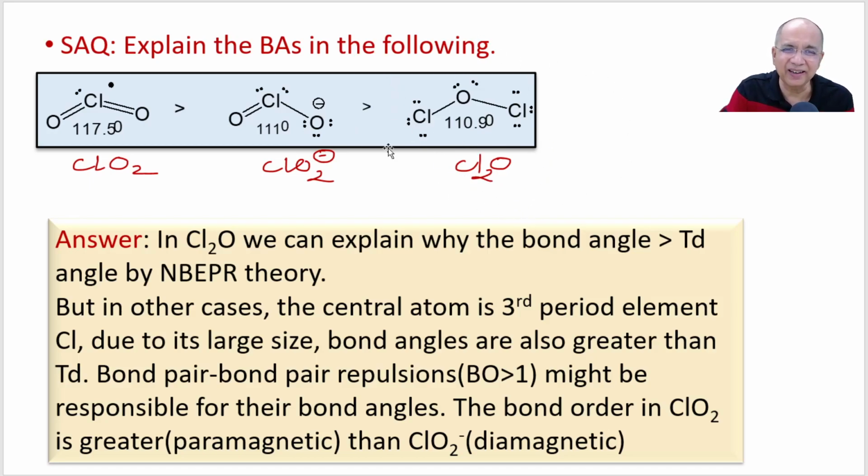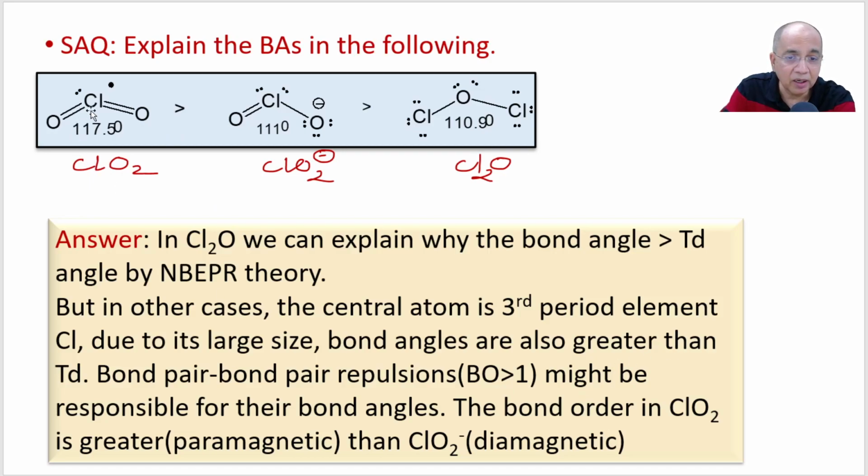This has been settled, NBEPR. But here the central atom is bulky, right? And the bond angle will not be tetrahedral, it will be more than tetrahedral. It's very difficult to explain by Bent's rule here. In the other two cases, the third period element is bulky due to its large size, so the bond angles are greater than tetrahedral.